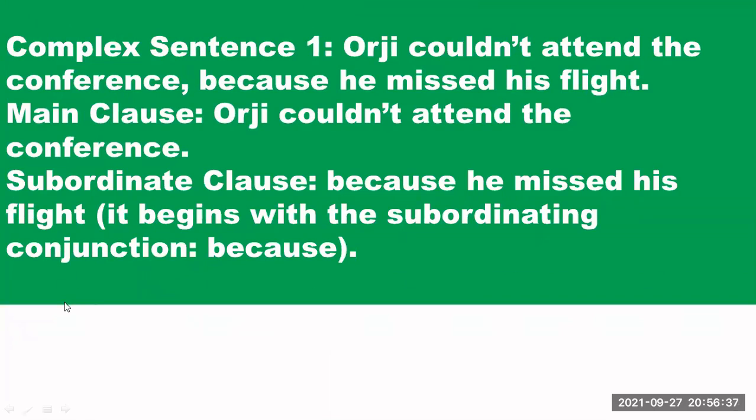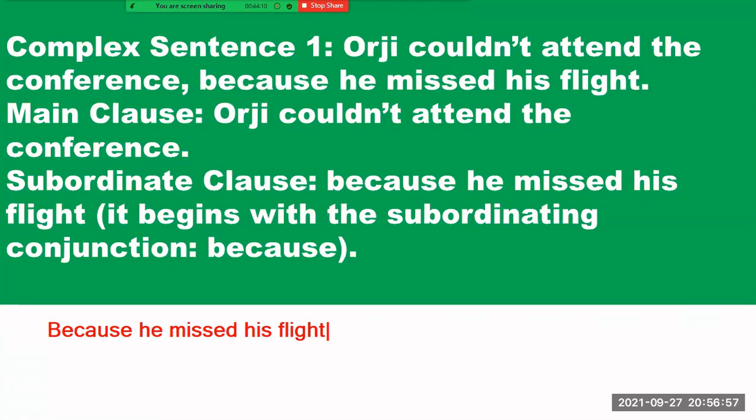So you can see exactly. Let's attempt to reconstruct this so that we complete the explanation. Because he missed his flight, Oji couldn't attend the conference. Okay?